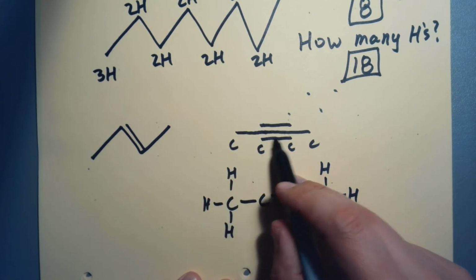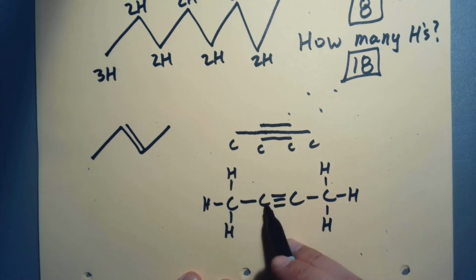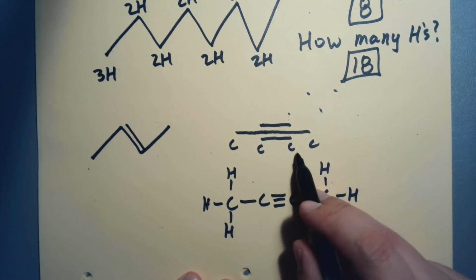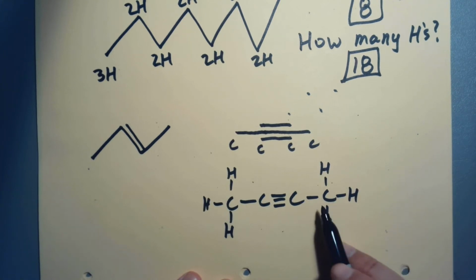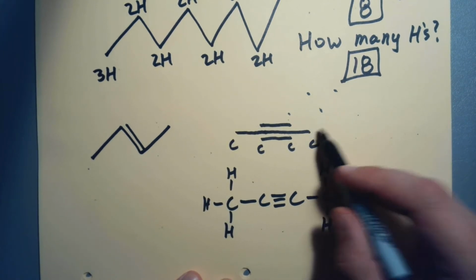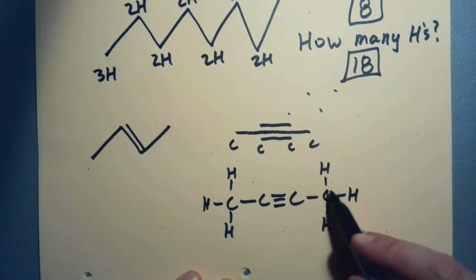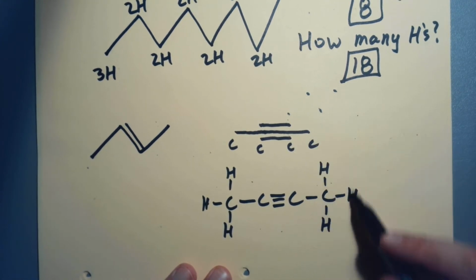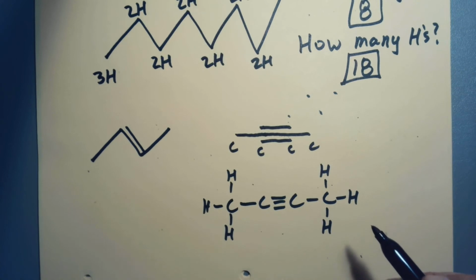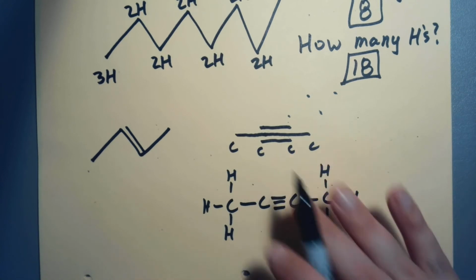This carbon's making 3, 4. So there are no hydrogens on it. Same here. 3, 4. No hydrogens on it. And then on the end, this carbon's making 1 bond back. And that is 1, 2, 3 bonds missing, 3 hydrogens. Okay? So that one's tricky.